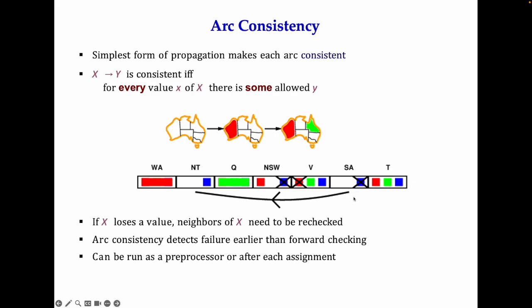So South Australia, which had only one color left, if you remove this from South Australia, it means that it doesn't have any color left, right? So you realize with arc consistency that if you, for example, do these assignments, you have a failure because these two regions are neighbors and they cannot be left with one color that is the same, right?